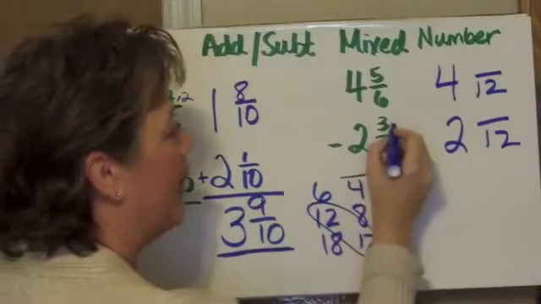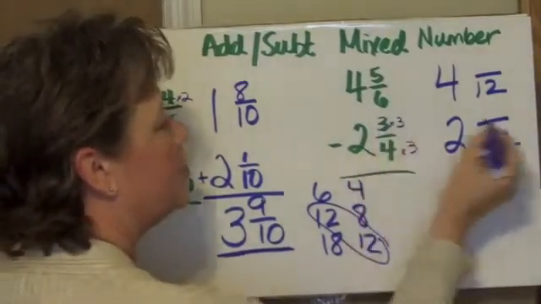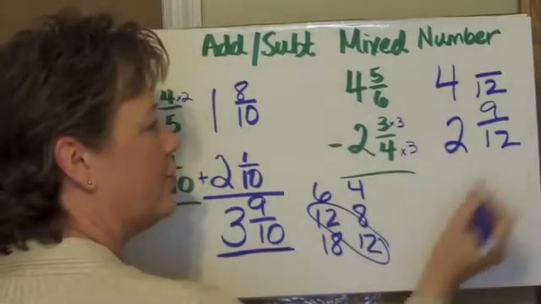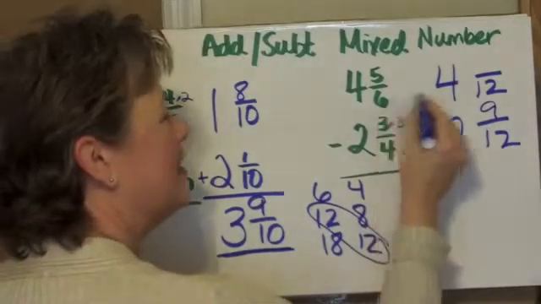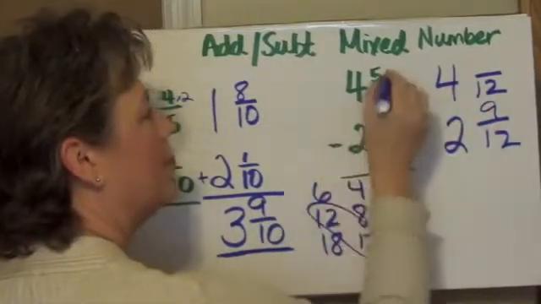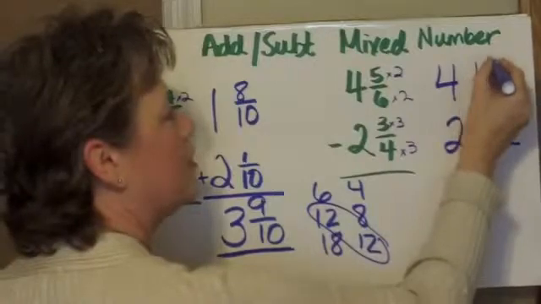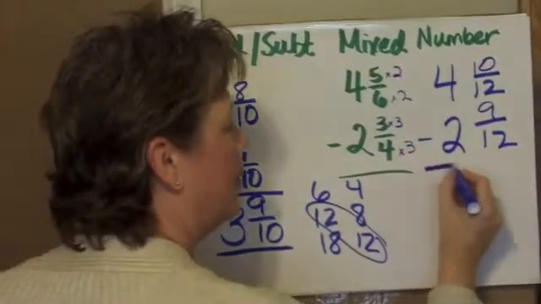If I do it here, I have to do it here. 4 times 3 is 12. 3 times 3 is 9. Now, I've got my new fraction here, so let's move up to the top number. 6 times 2 gives me 12, so I must do it to the top. 5 times 2 equals 10. So now, I have my common denominator.